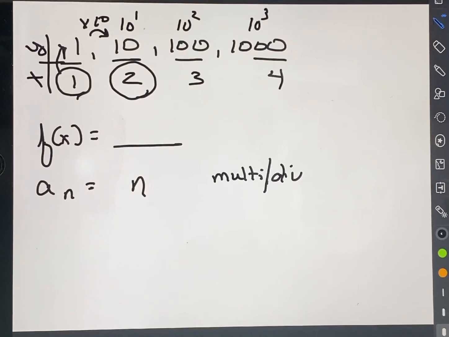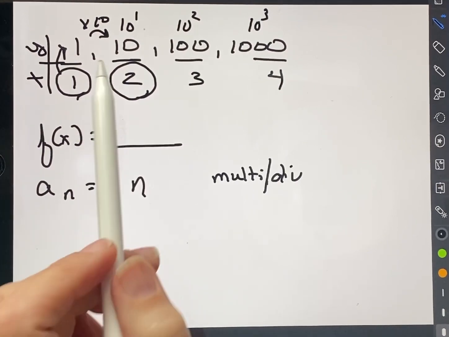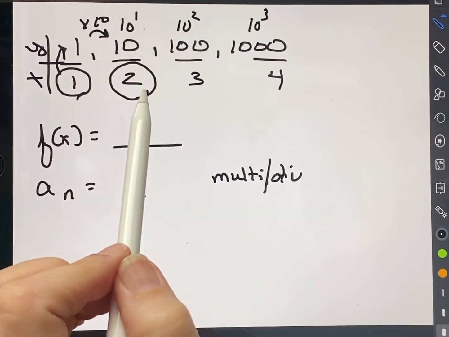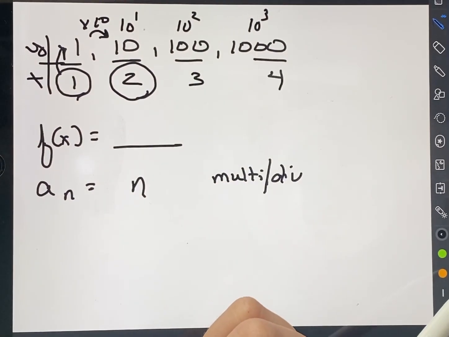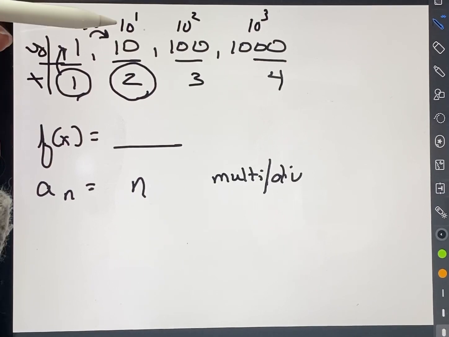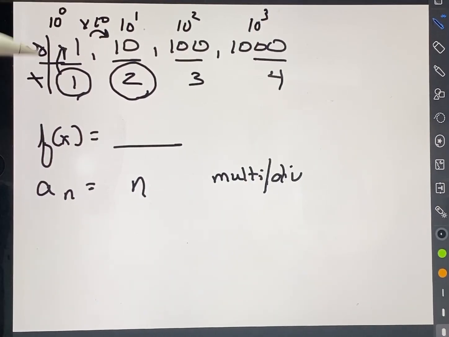Now we have a consistent base, and we have numbers that look like they are related to our n values. Could we rewrite 1 as a base 10? Yes, we could say 10 to the 0 because any number to the 0 is equal to 1.